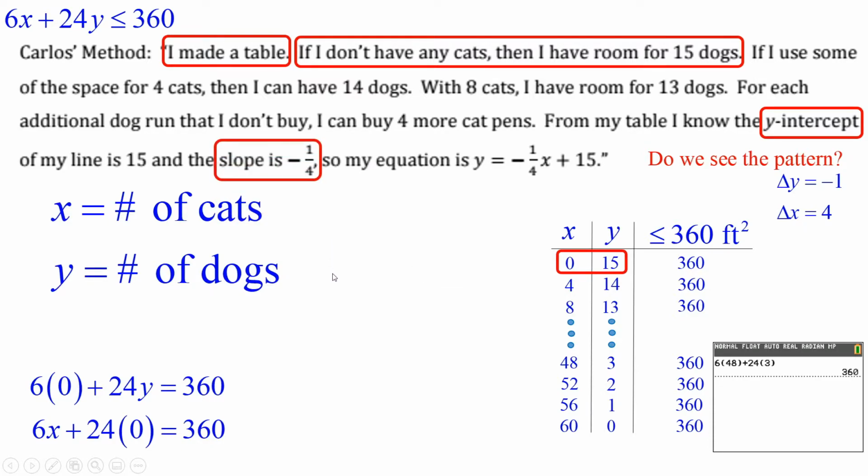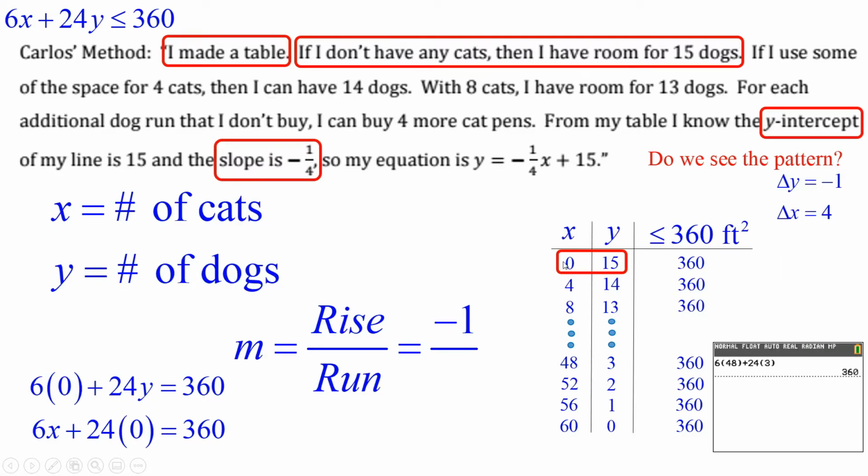Well, let's talk about that slope. You remember slope is rise over run. And by the way, guess what rise is? It's the change in y, which is -1, because I'm dropping 1 every time. And what's the run? That's the change in x, which is 4.